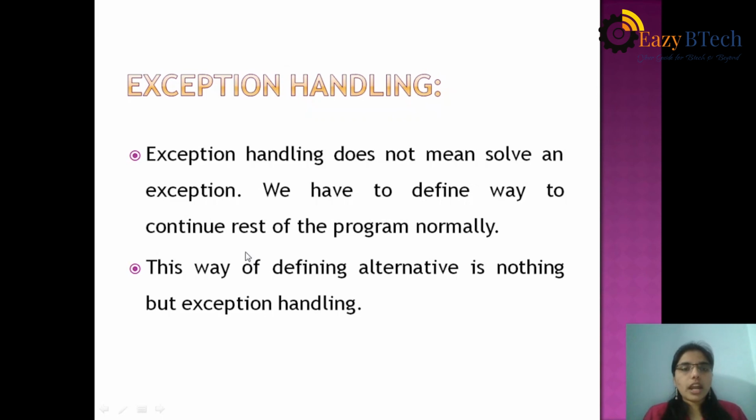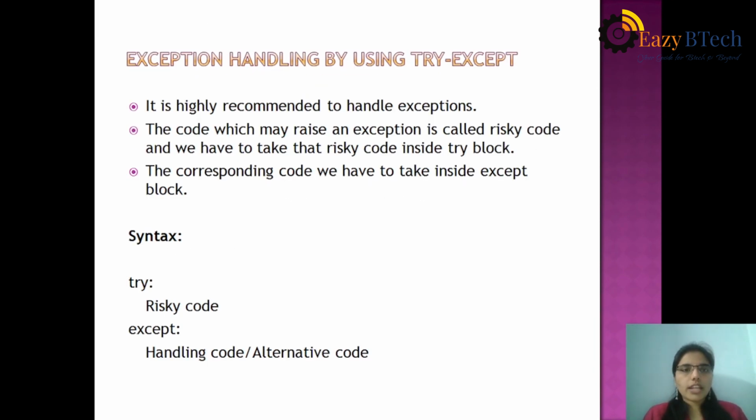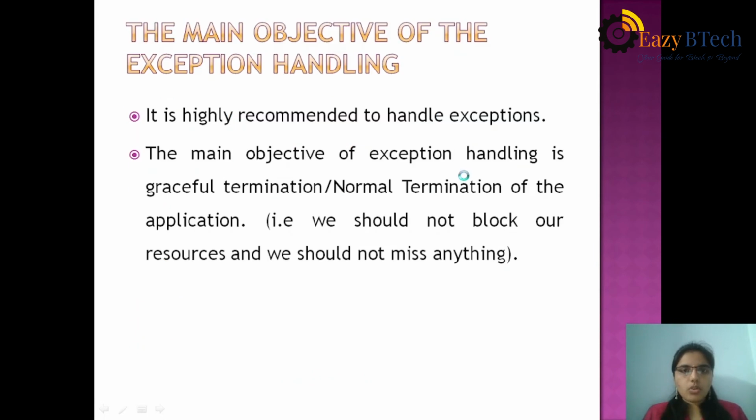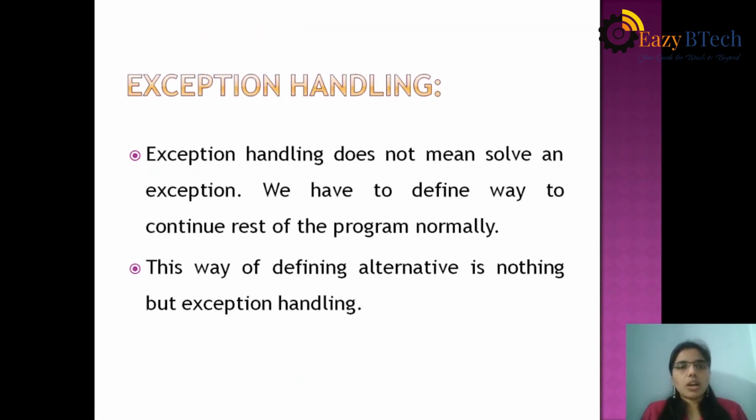What is exception handling? We are providing an alternative way to the problem. We can do exception handling by using try except blocks. Up to now, the exception handling topic is completed.